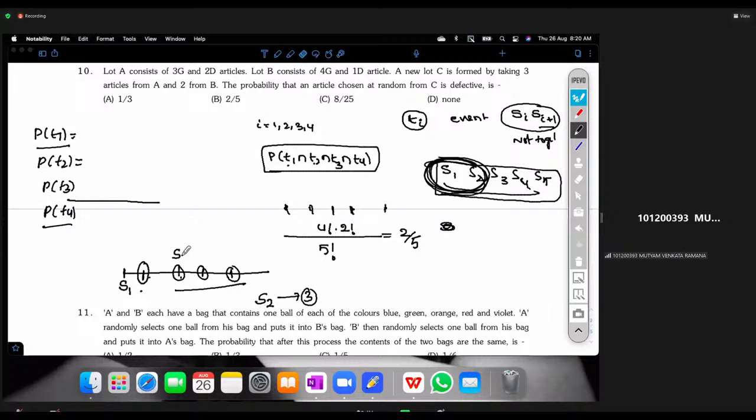For example, S2 is sitting here. Now S3 should not come next to it, so S3 has only 1 chance here. Now S4 cannot come next to S3, so S4 has to go here and S5 comes here.